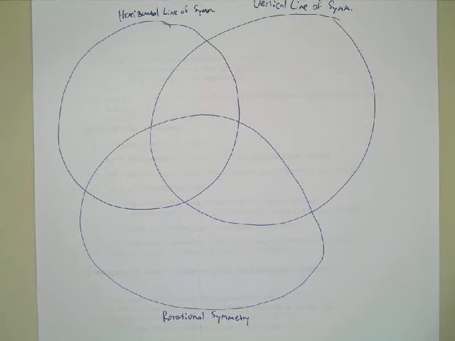How about, did anyone get anything for rotational and vertical line of symmetry? No, me neither. And then rotational symmetry. Patrick, what you got? Well, depending on the angle you make it at, Y could be vertical and rotational. What do you mean by how you draw it? If all three of the lines are 120 degrees to each other.